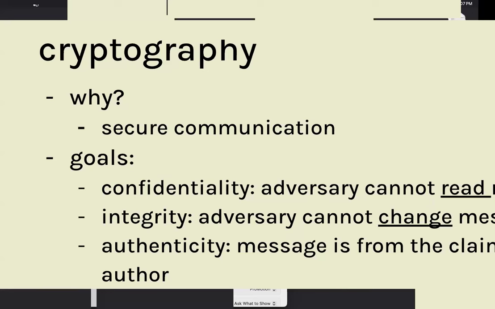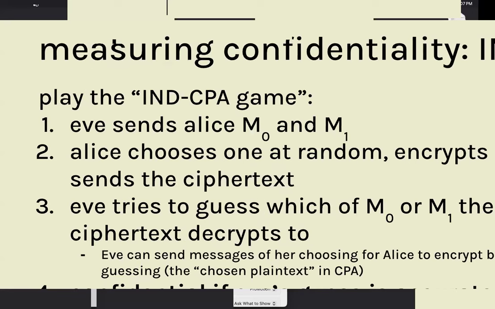Okay, so one way to measure confidentiality is that we define this game called IND-CPA. What it stands for is indistinguishability against chosen plaintext attack. And what this means is it's a very simple game. Let's say there are 2 parties, Alice and Eve. Eve is our adversary here, and Alice is someone who actually wants to communicate.